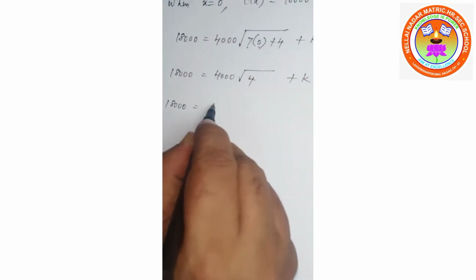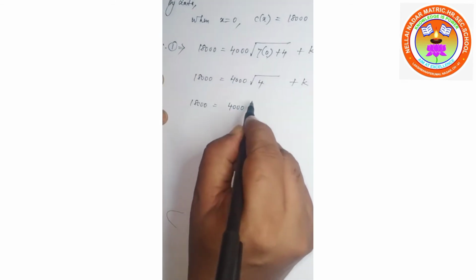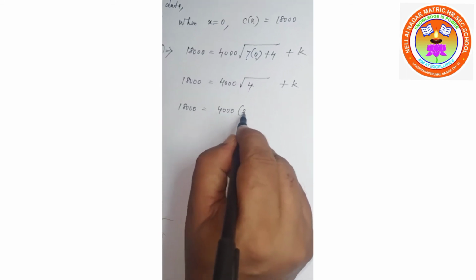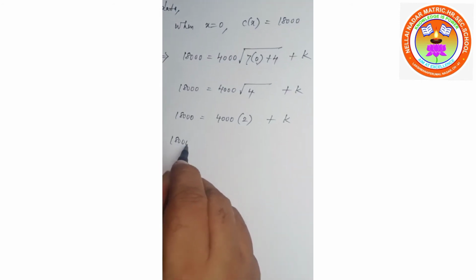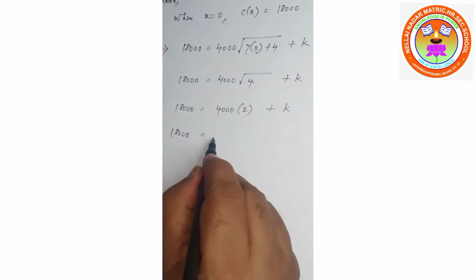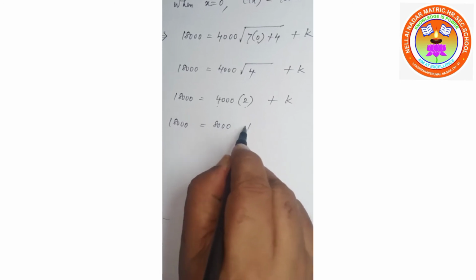You know the square root of 4. What is the square root of 4? 2, plus k. 18,000 equals 4,000 into 2, that is 8,000 plus k.